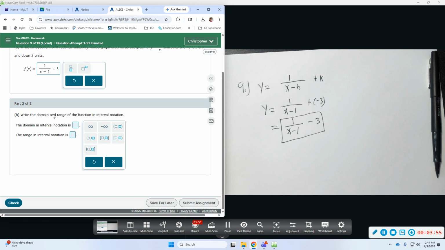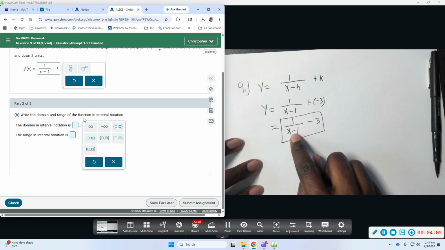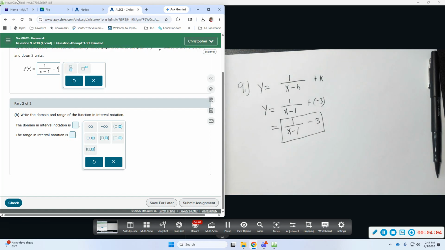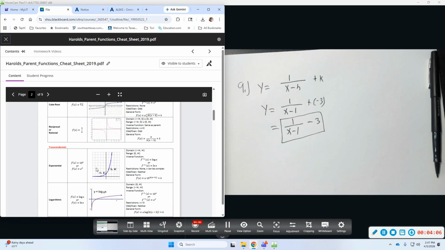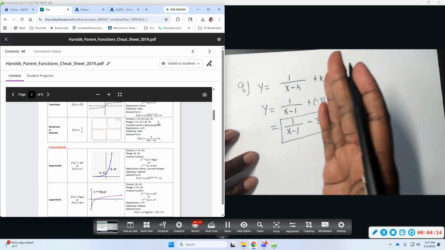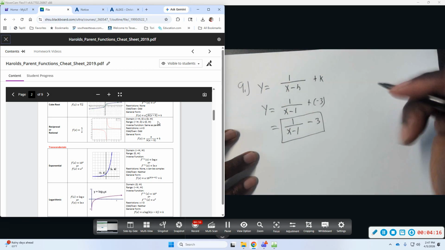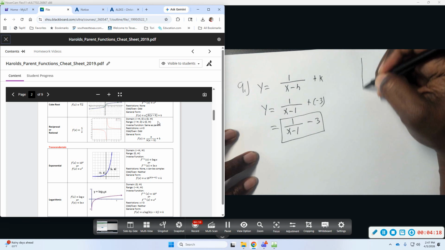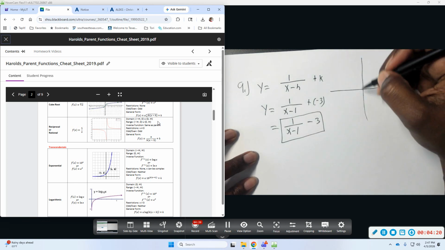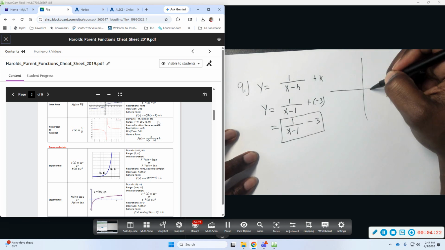And then it says write the domain and range of the function in interval notation. The domain: what happens? Our domain for our rational function is negative infinity to 0 and 0 to infinity. So what we've done is we've shifted this graph to the right 1. So instead of being centered at 0, our graph now moved over right 1.